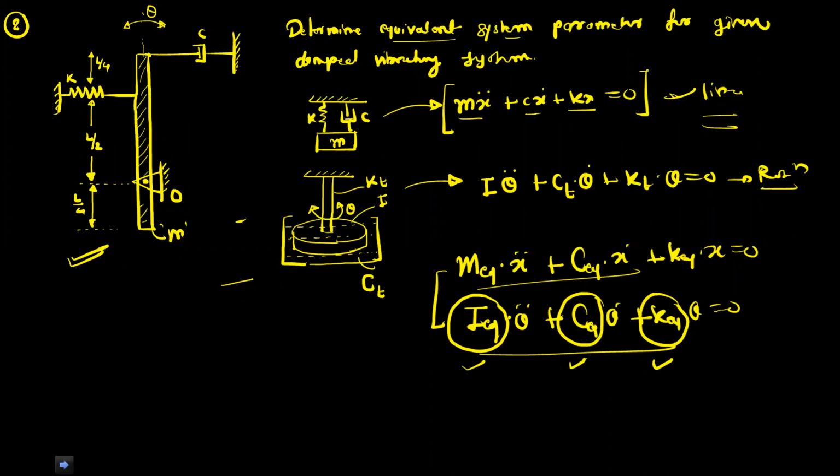So the first step is we should draw the displaced position, and then we should draw the free body diagram. This dotted line will represent the mean position of that inverted pendulum. This is the pivot point.